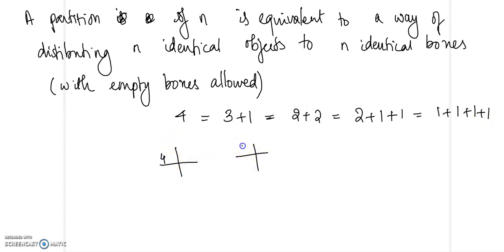In the second one you have 4 boxes, and the elements are 3 and 1. Then here you have 2 each, then 2, 1, 1, and then in this case 1 in each box. So here empty boxes are allowed. So this is another way of looking at partition.